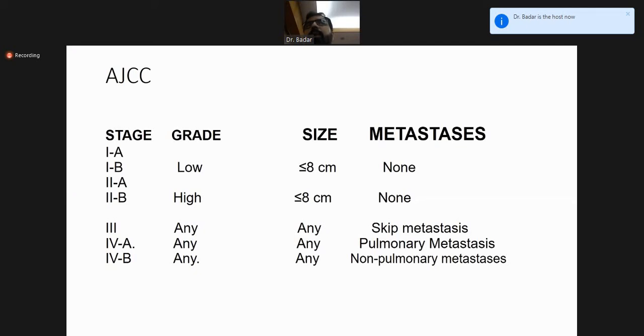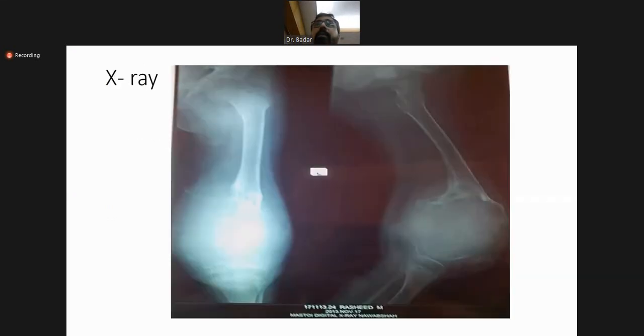Type 2A and 2B are high grade, less than 8 centimeters, no metastasis. Type 3 is any grade, any size, but the patient has skip metastasis. Skip metastasis means somebody has a tumor in the bone, but the same patient also has a lesion in the proximal femur. So the same bone has 2 lesions, and the other lesion is called skip metastasis.